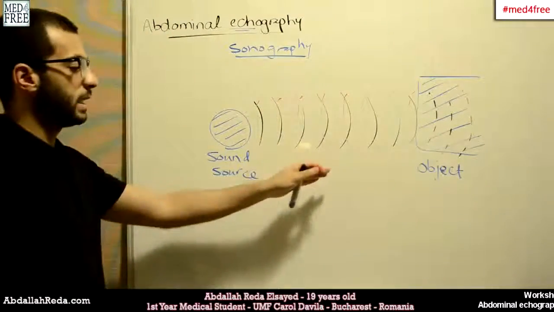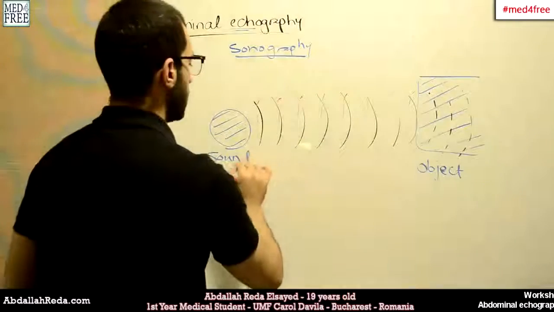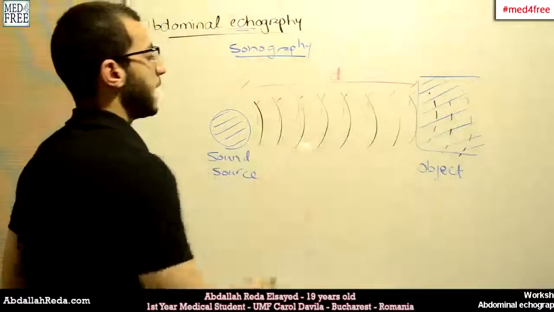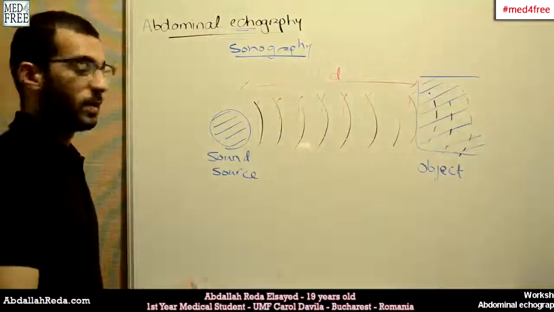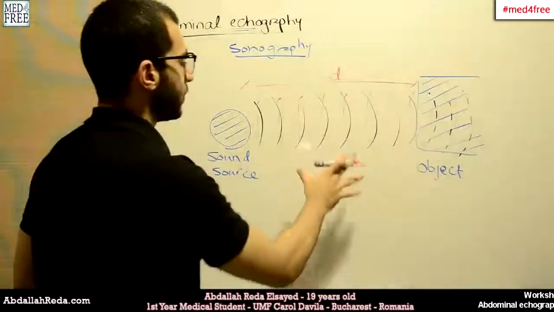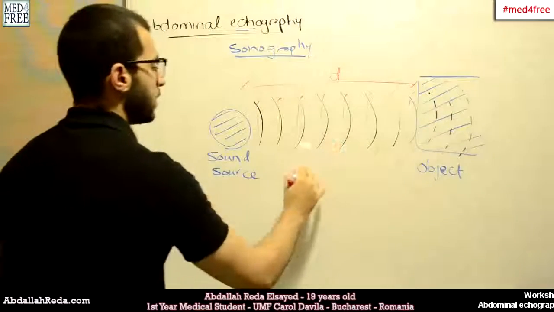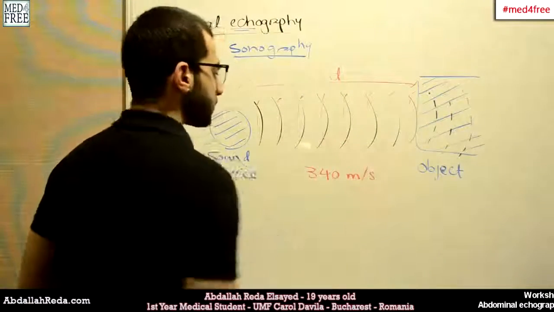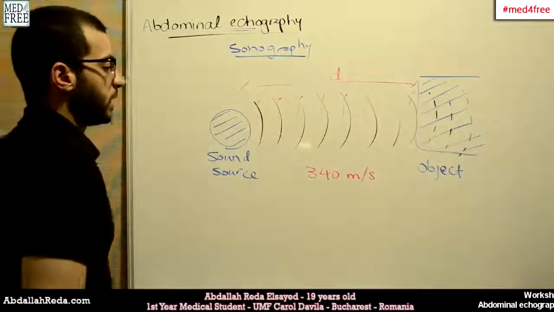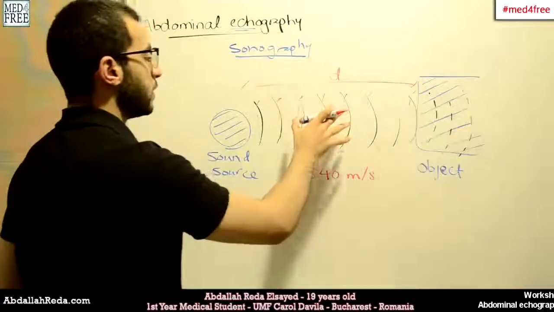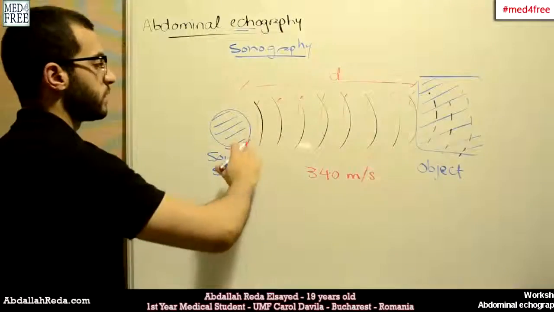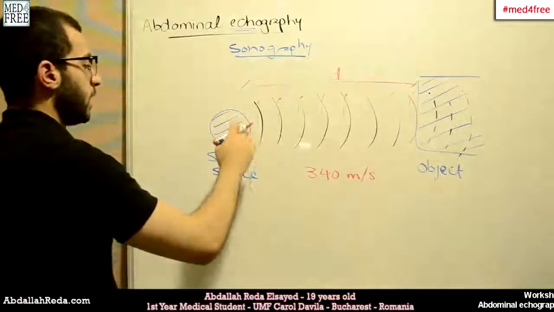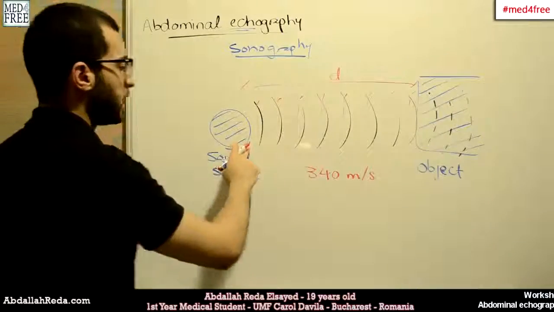By using this technique, we can measure the distance between the sound source and the object by knowing the speed of sound. Assuming, for example, that this medium is air, the speed of sound will be 340 meters per second. So by knowing this, we will measure the time taken by the sound waves to go to the object, be reflected, and come back to the sound source once again.